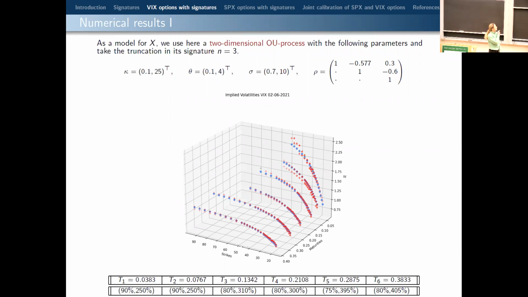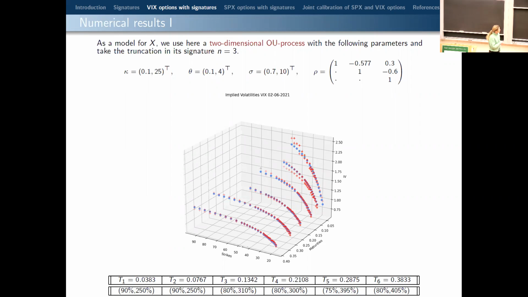These parameters are fixed: the kappa, the theta, and the sigma of the OU process, and then also the correlation matrix between the OU process and the Brownian motion that is driving the price process. But this is not relevant in this case, because here it's only the single optimization task on VIX.